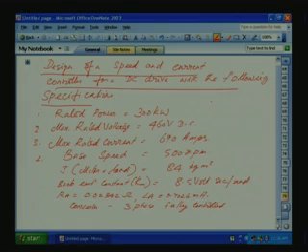Let us take our time constant T1 for the tachometer, the speed loop filter. T1 is the tachometer speed feedback filter time constant.